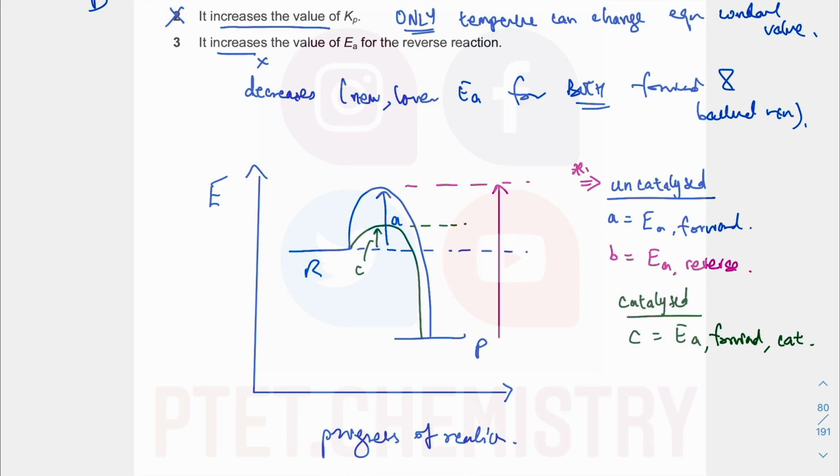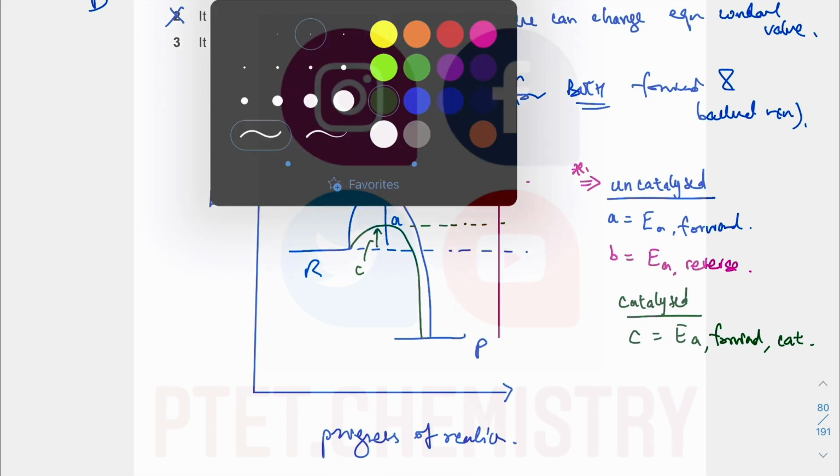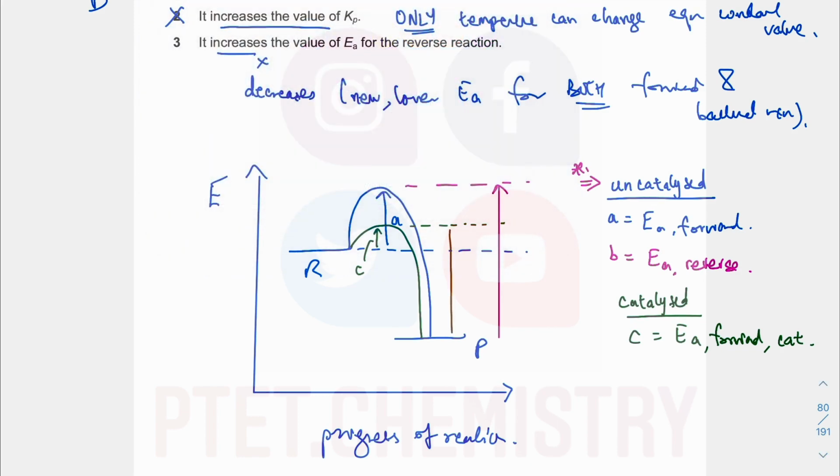But how about the backward reaction? Activation energy is from where you start to the top of the peak. Now I want to use a different color. Say if I use brown, from where you start to the top of the peak, because now this is reverse, but this is catalyzed reaction. So D is your activation energy of your reverse reaction, which is catalyzed.